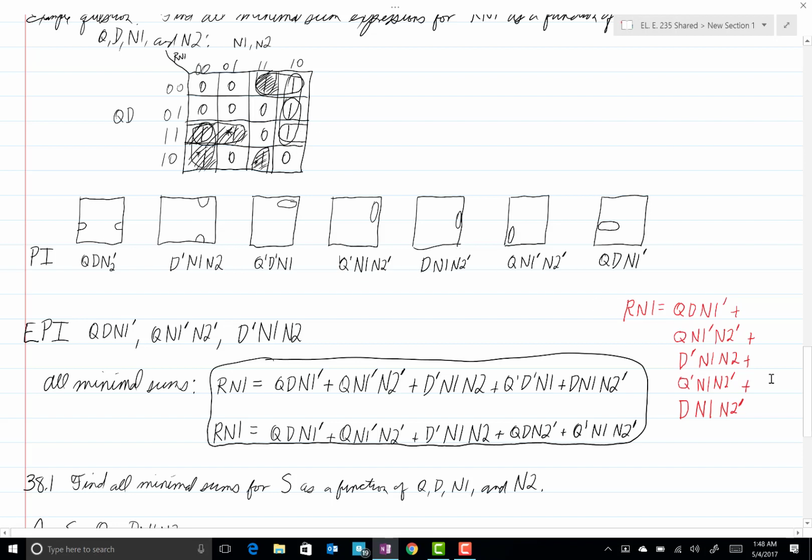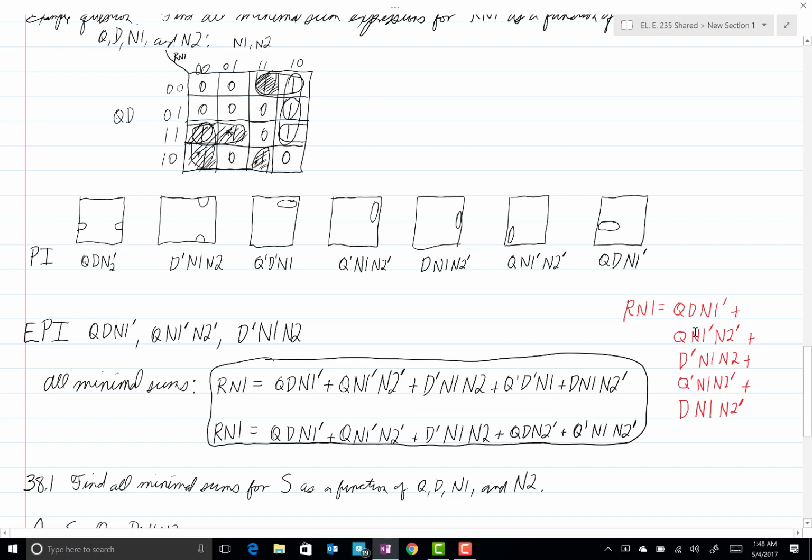And notice that this expression here has 5 total terms, each of which has 3 literals, and the same can be said for this minimal sum and this minimal sum.